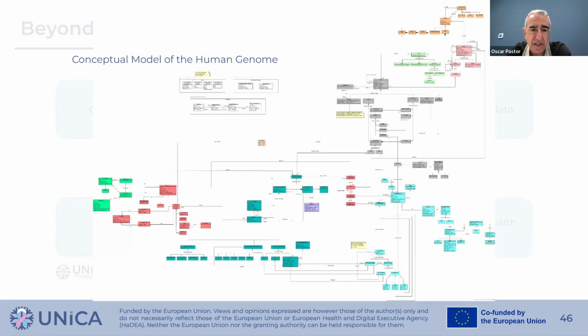In particular, this is a generic view of a conceptual model of the human genome that we use in our lab. We are able to go from the DNA structure and from the identification of a variation to the different processes followed when we go from DNA to a transcript to RNA to a protein, and from the protein to a pathway.